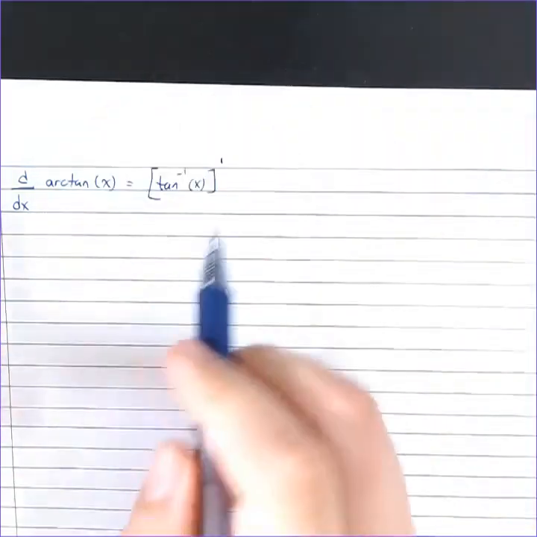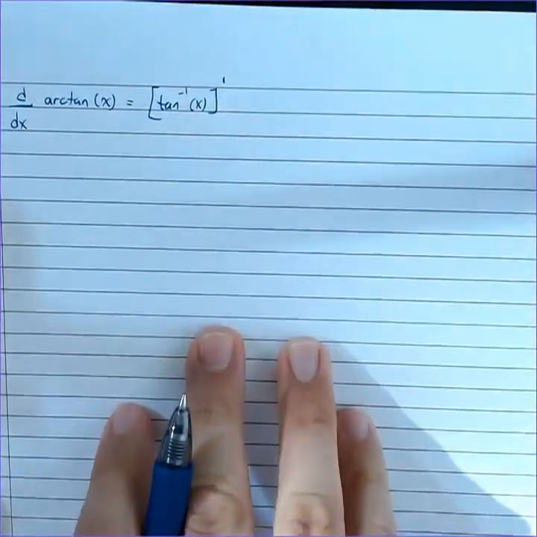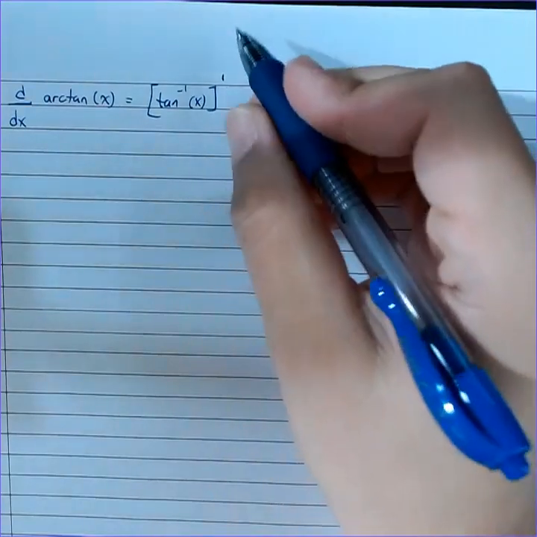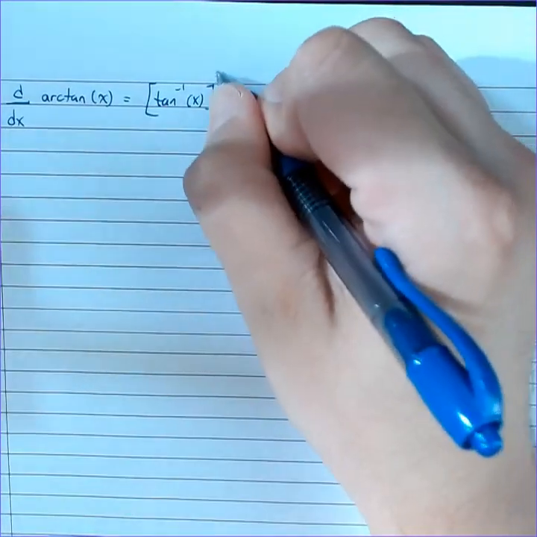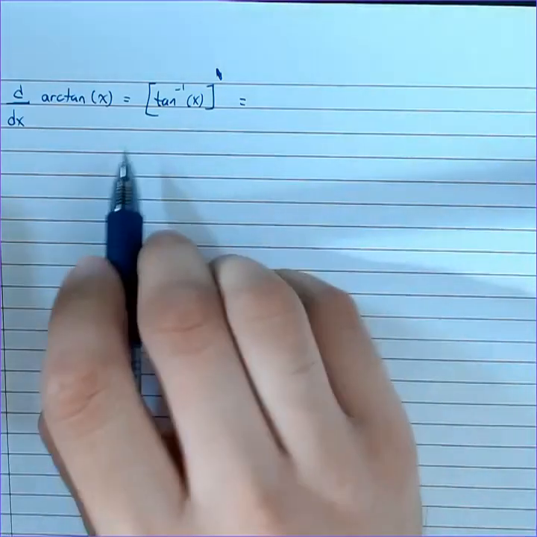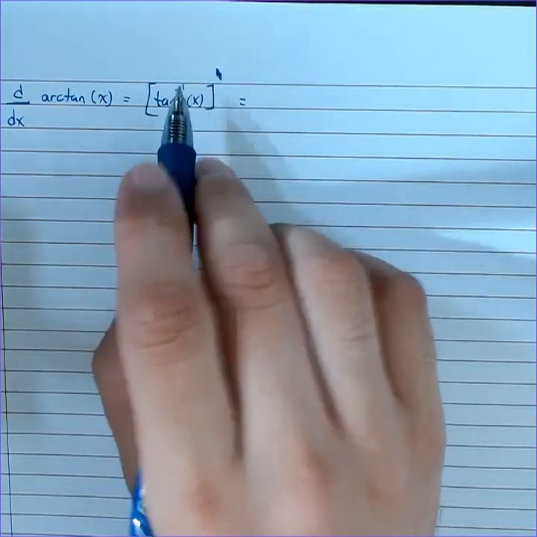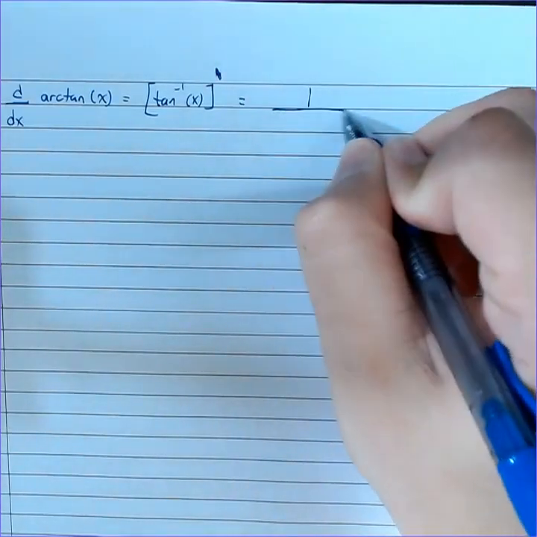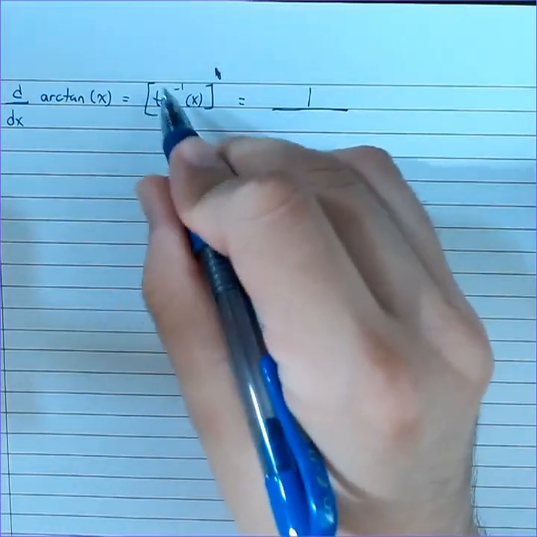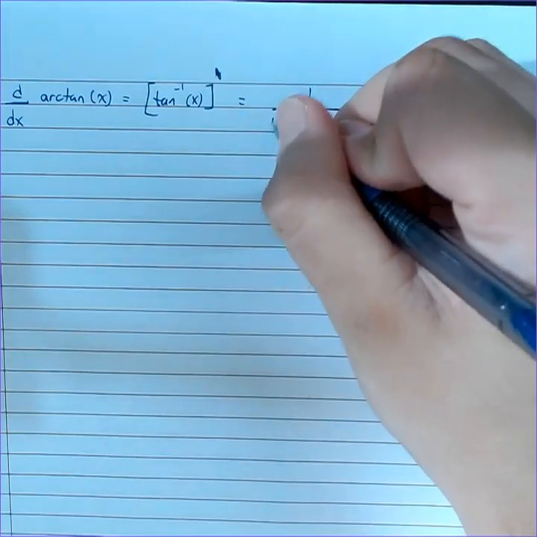Not that I have to, but this will make it look more like our previous formula, so it looks a little bit more familiar. So by our formula from before, the derivative of an inverse function is 1 over the derivative of the original function, not the inverse, just the original tangent.